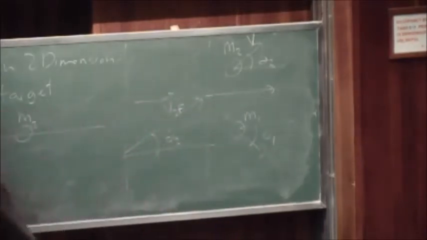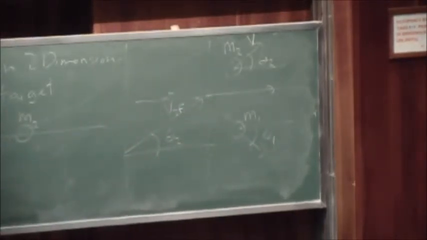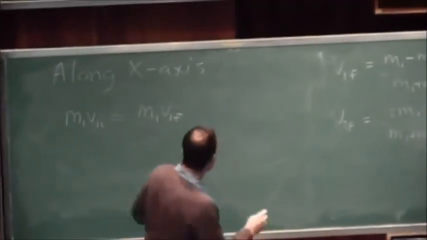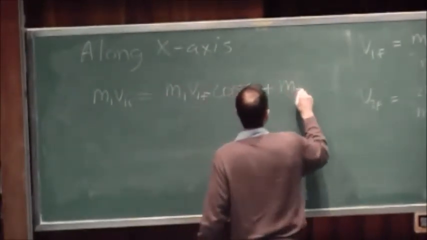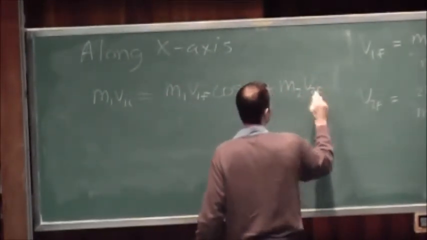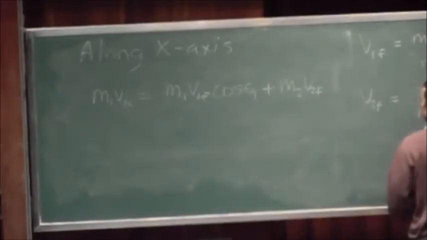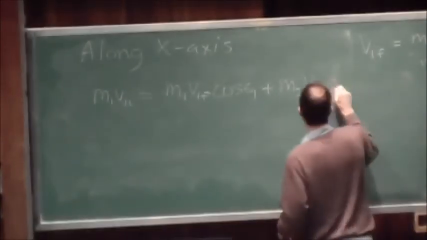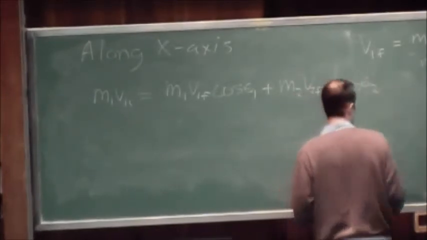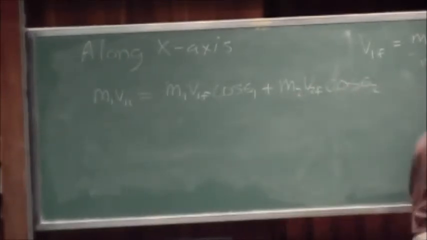Okay? So I have M1 V1 final, and I'm going to take the cosine of theta 1 plus M2 V2 final cosine of theta 2. So that's along the x-axis.